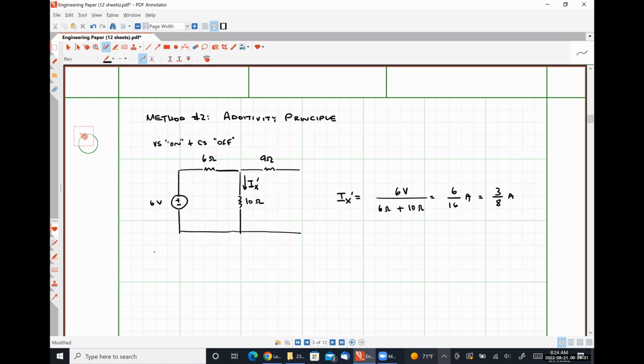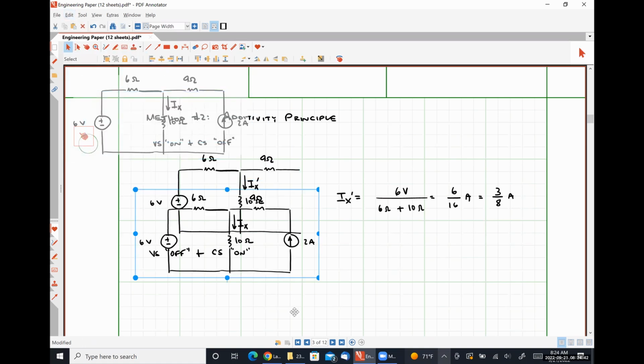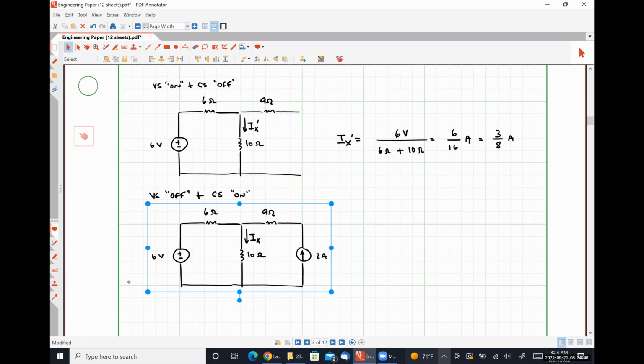Now we're going to analyze this circuit with the voltage source off and the current source on. So how do I turn a voltage source off? Well, as you guys correctly inferred, an off current source supplies 0 amps of current, so an off voltage source must supply 0 volts of voltage.